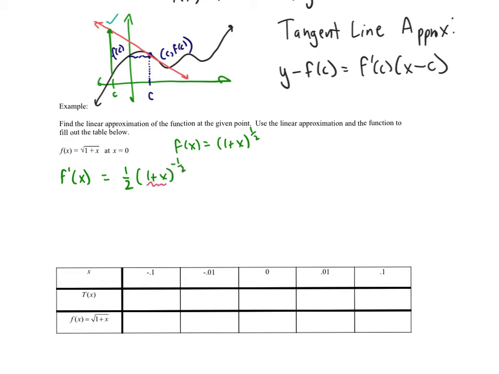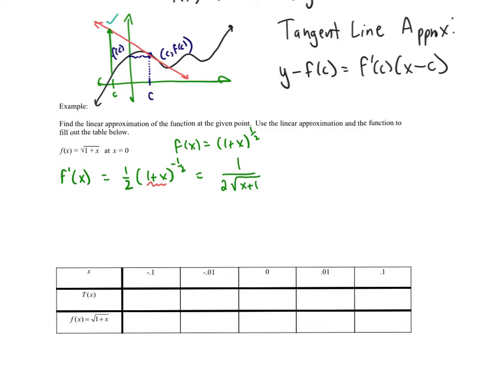Technically, there's an inside because it's not just x, but the derivative of 1 plus x is just 1, so nothing really comes of that. If it was 1 plus 2x, then obviously that would be something a little different. So if I simplify, this is going to be 1 over 2, and then again, the negative exponent will drop to the bottom, so that's going to be square root of x plus 1.